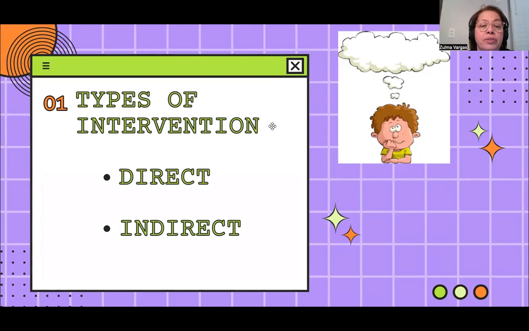Type of intervention could be direct and indirect, or something like that. Yeah, I think I got that right.